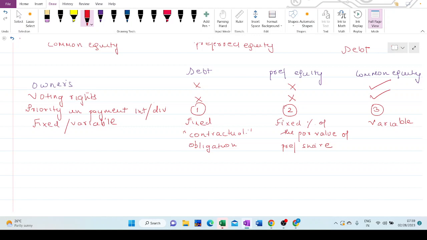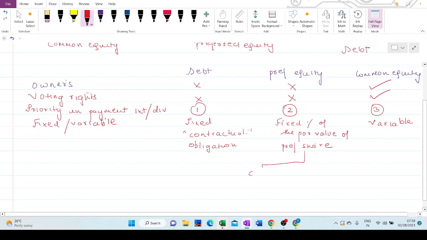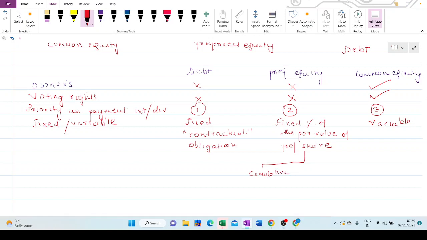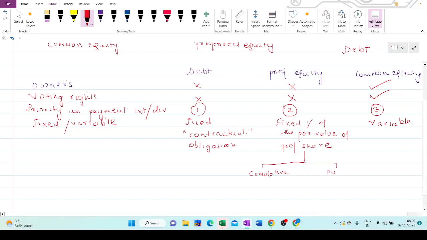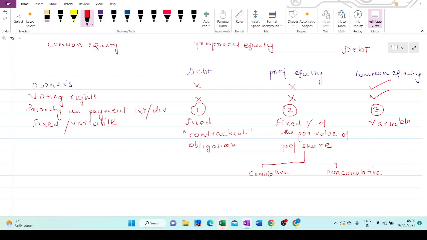But we had discussed that if the preferred share was cumulative, any shortfall in the current year would be paid in the future. And if it's non-cumulative, any shortfall in the current year is not paid out in future years. So this is how the preferred equity works.